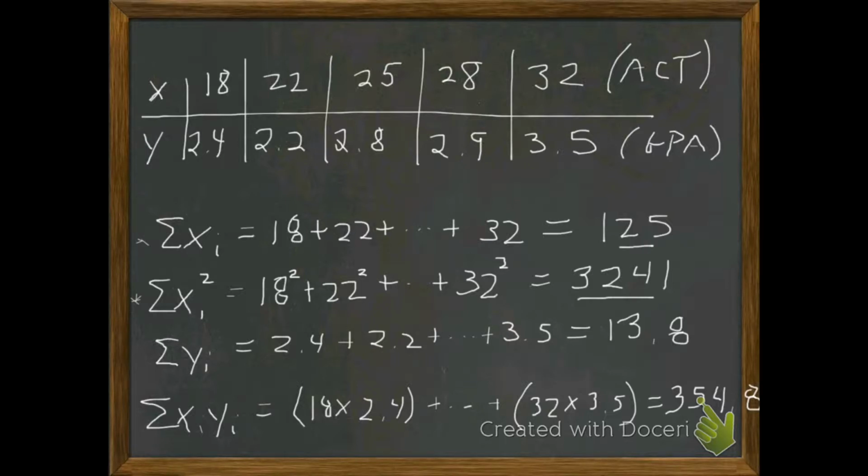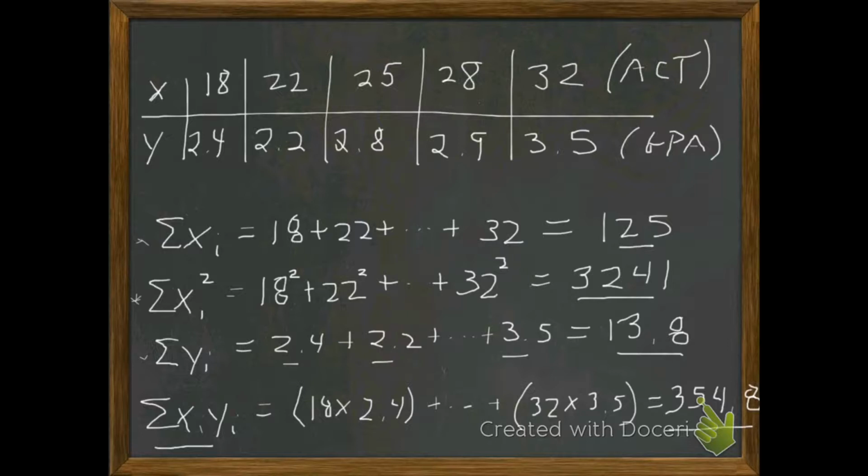The sum of the y sub i's is just like the sum of the x sub i's, except we use the y values. So we add 2.4 plus 2.2, and so on. And then the last thing we do is take a sum of the products of x sub i, y sub i. You've already seen the theory behind some of this, and the value that I get, you can barely see the 8, is 354.8.